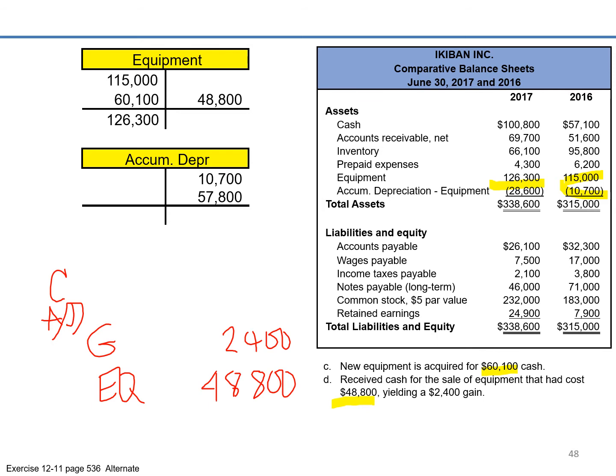Okay, so we had a gain of 2,400, and our accumulated depreciation, how did they come up with that? 57.8. So hold on, let me get my handy dandy calculator. So we've got, we have total credits of 51,200.